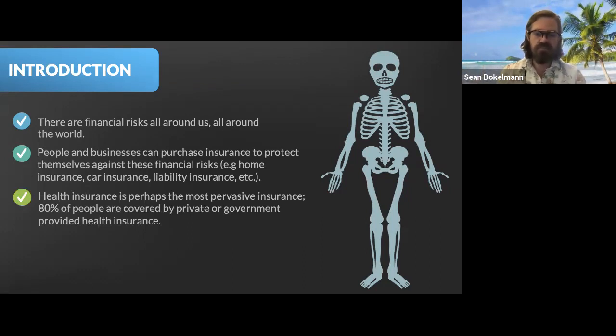Health insurance is quite possibly the most pervasive type of insurance. At least when this book was published, 80% of people were covered under some kind of health insurance, whether it was private or government provided. That number has probably gone up slightly because of the Affordable Care Act. In fact, the intention of the Affordable Care Act is to get that number to 100%.